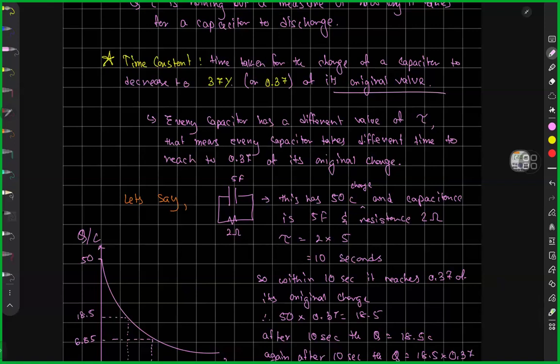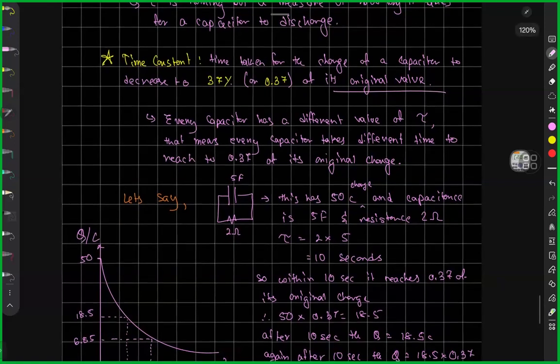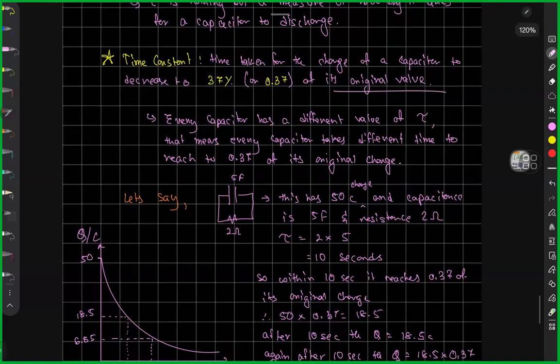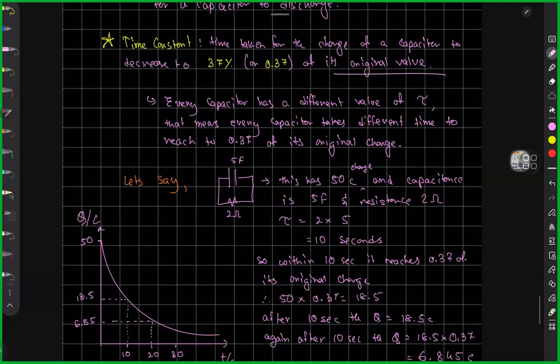But first, what you need to understand with a better example is how this works. Every capacitor has a different built-in value of tau, the time constant. So different capacitors discharge differently and take different amounts of time to reach 37% of their initial value.